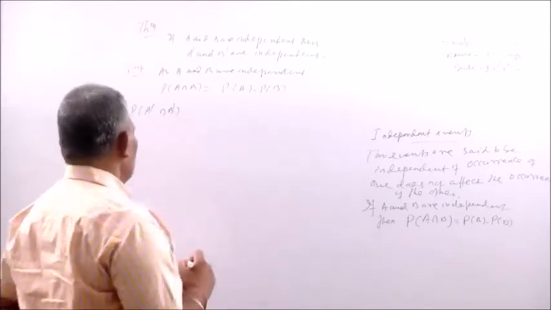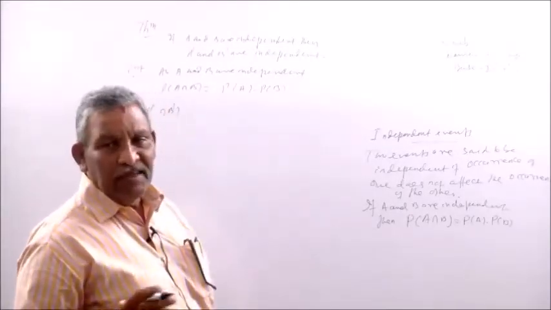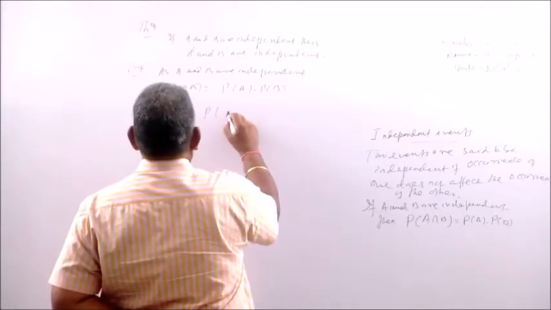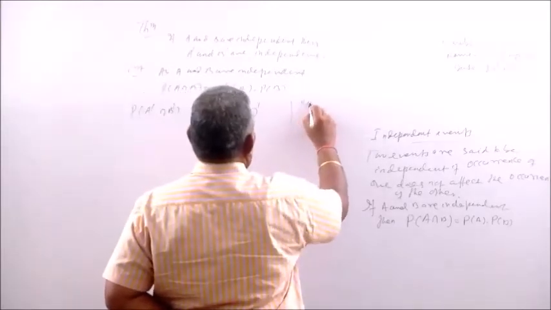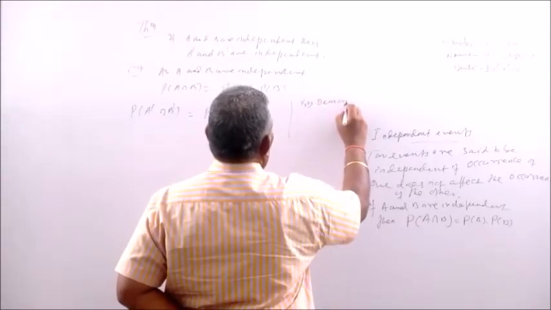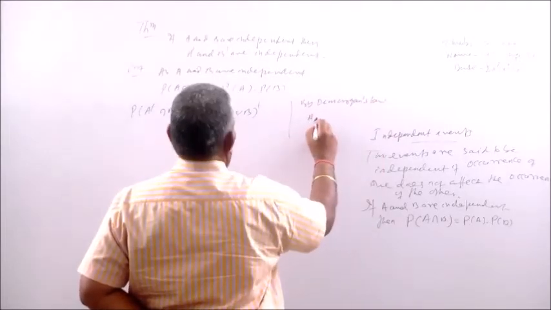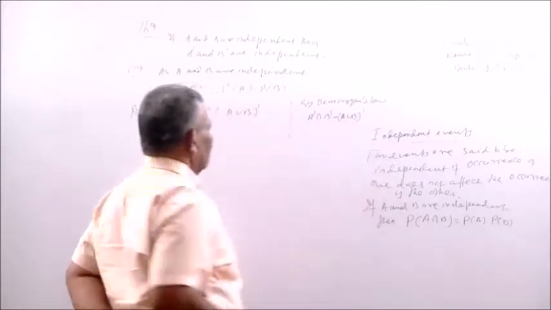If we can show that the probability of A dash intersection B dash equals P(A dash) into P(B dash), then our job is over. So that can be written as P((A union B) whole dash) by De Morgan's law. You must have remembered, A dash intersection B dash equals (A union B) whole dash.